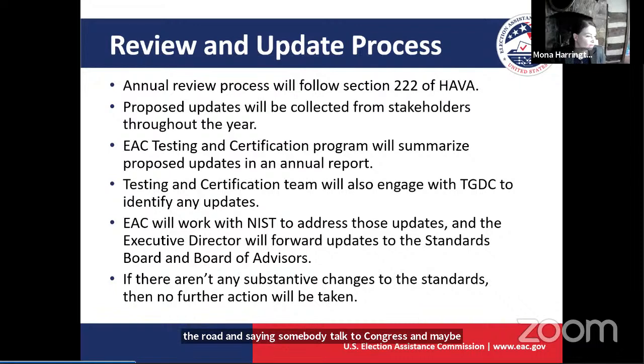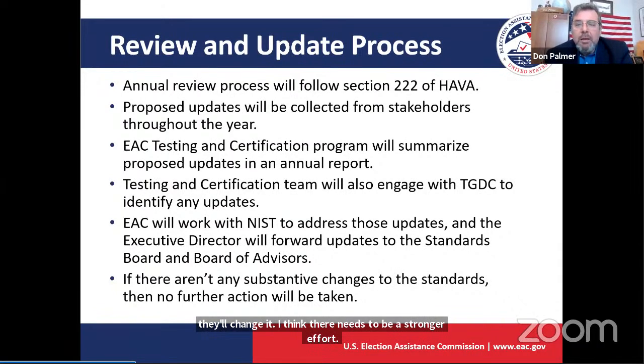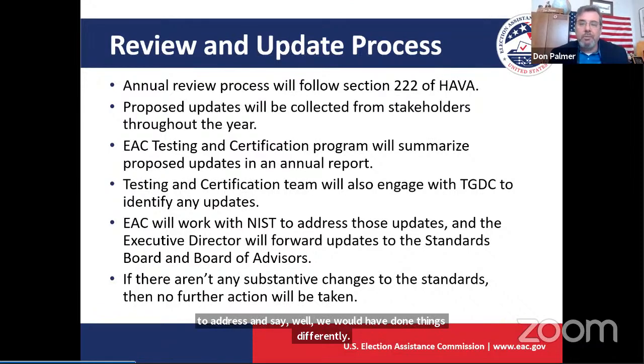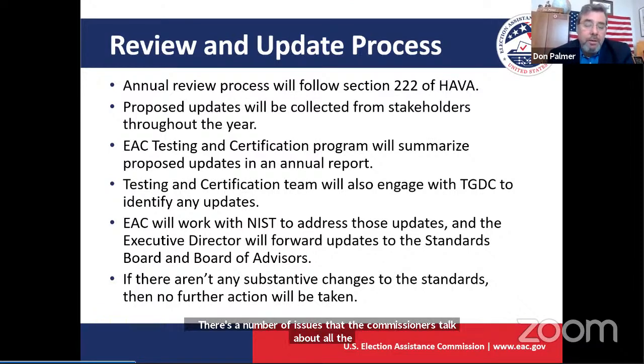Mr. Chair, this is the DFO. Bob, I hear you. I've heard you over the years. There's a number of issues with HAVA that we've all had to address and say, well, we would have done things differently. There's a number of issues that the commissioners talk about all the time that we wish were slightly modified to make things easier, like more incentives for the VBSG, for example.